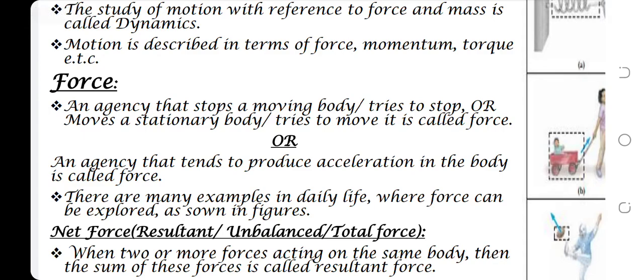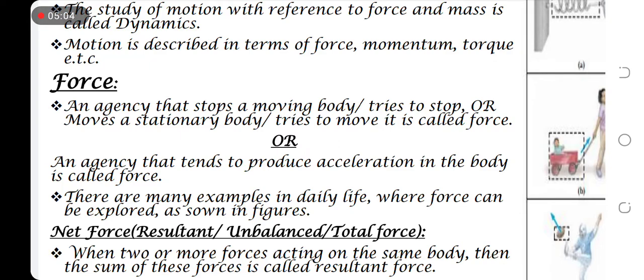Suppose a heavy trailer or truck is standing somewhere. If we apply a force, the truck will not be able to move by our force. Then it means the body is not able to move, but the force has tried to move it.